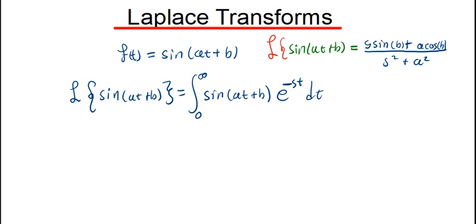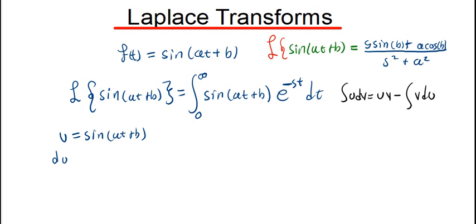Remember the formula for integration by parts: the integral of u dv is equal to uv minus the integral of v du. In this case, my u is equal to sine at plus b, then my du is equal to a, when you differentiate the angle with respect to t, times cos at plus b.